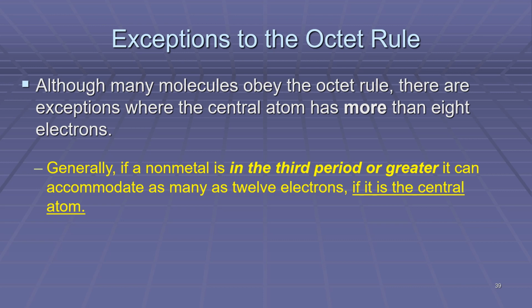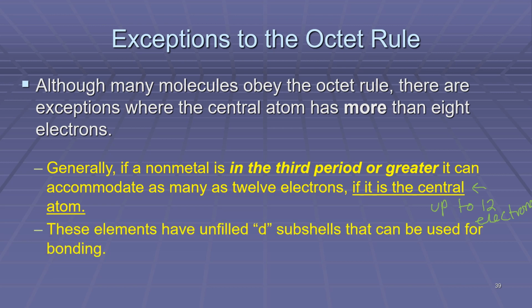But it's only true if it's the central atom. And so the central atom can actually have up to 12 electrons. So if you end up having any Lewis dot structures that have extra electrons after you've used up all the electrons you think you need, you can put all the extra electrons on the center because the center can have up to 12.